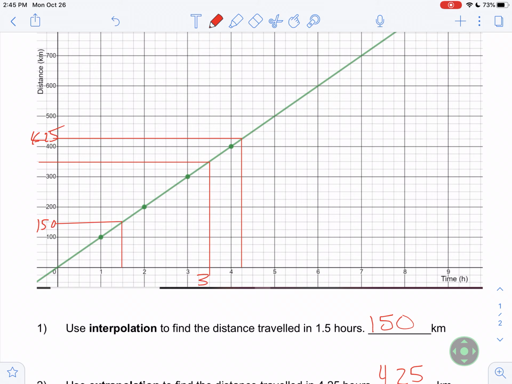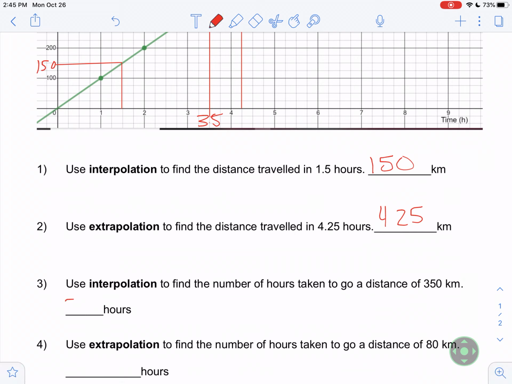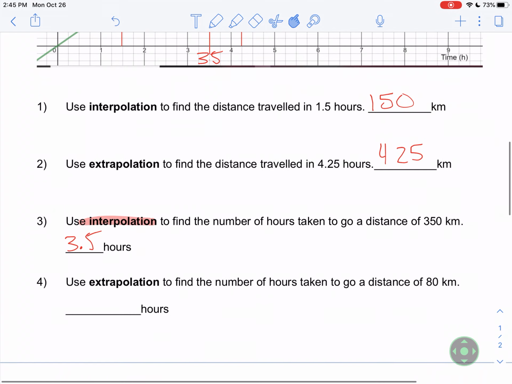So that's at 3.5 hours. And we call that interpolation because 3.5 hours was between 3 and 4 hours, and we had both of those points found in the table.